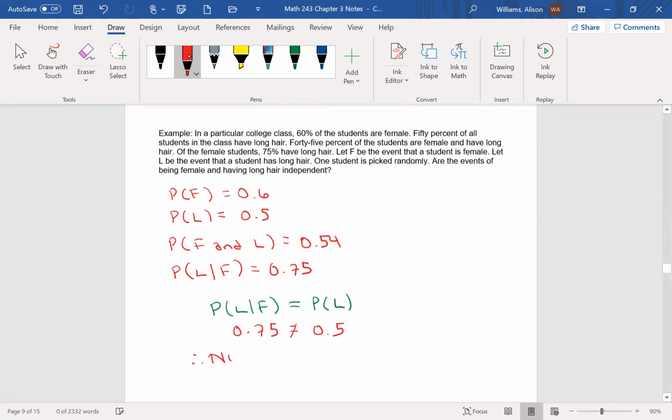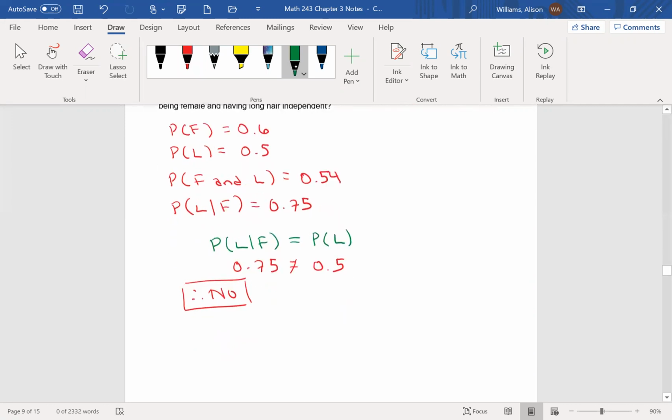There is another way of checking this. I just want to bring it up really quick. The other formula we can use is that the probability of L and F equals the probability of L times the probability of F. That was one of those three formulas we listed when we talked about independence in the previous video. So we could check this too.